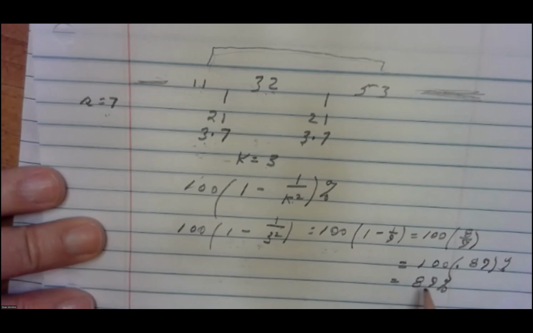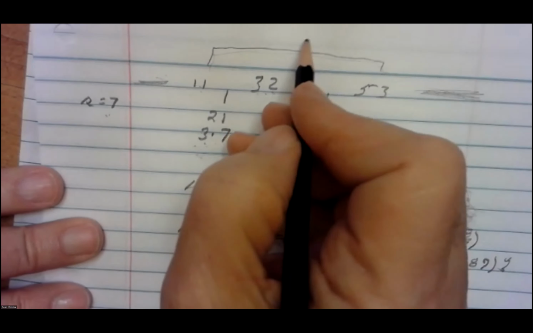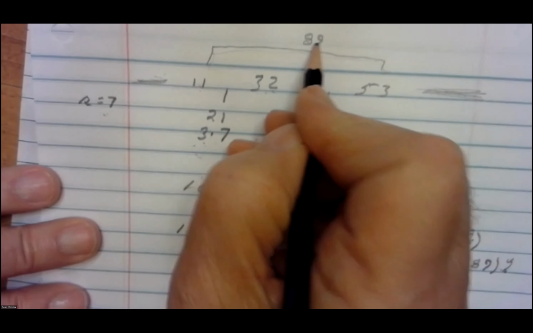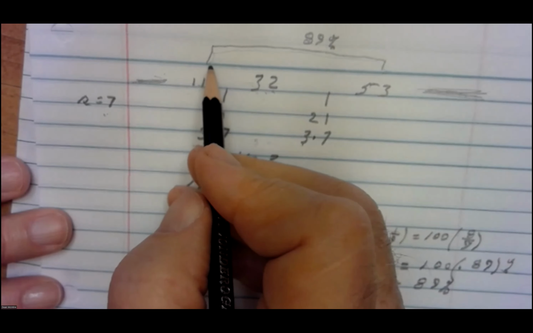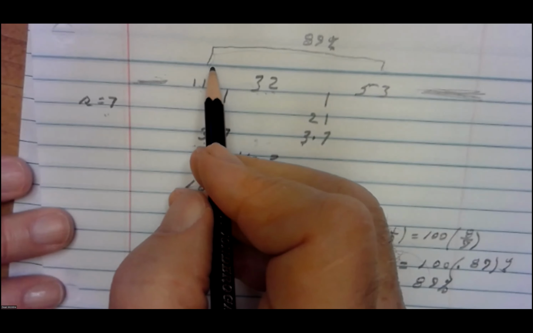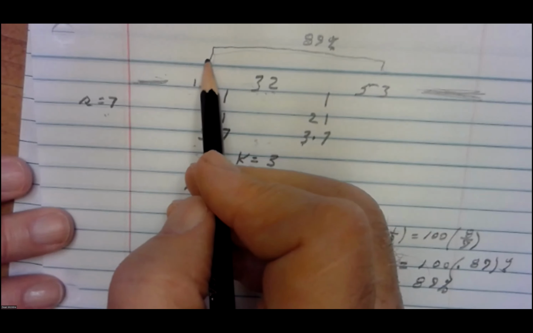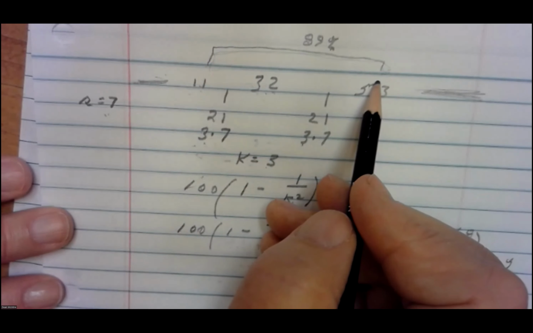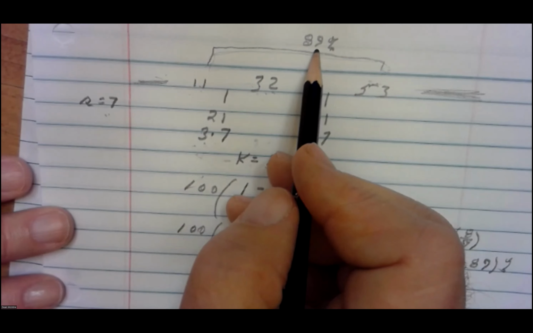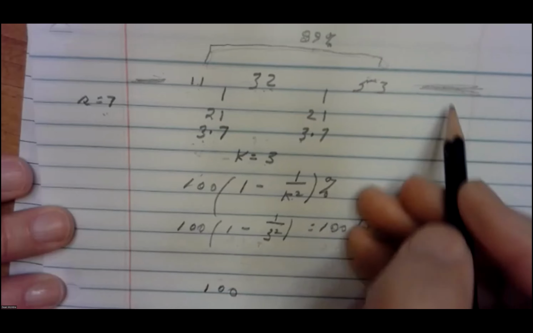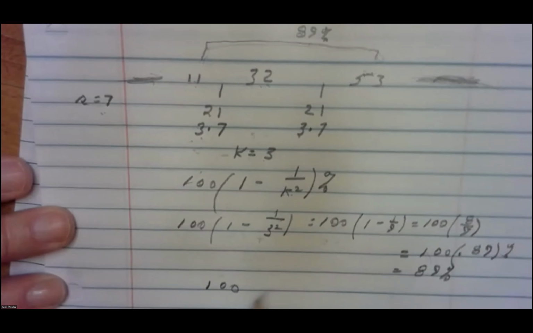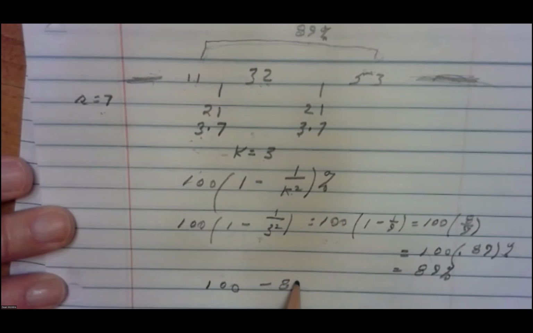And what do we get? We said that at least 89% of the raw, I call them raw, but the data set will fall between here and here. So if I take that and subtract it from 100, I'll get what's over here and over here. So 89% is 11%.